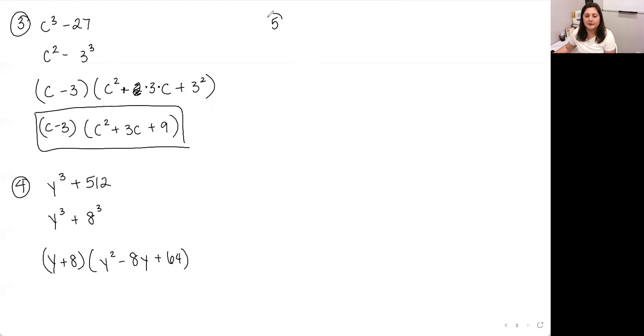All right, let's take a look at problem 5. 2k to the 3rd minus 20k squared. And I want to say that this is going to be factor by grouping. When you factor by grouping, you take the first 2 terms and factor out the greatest common factor from those 2, and then you take the last 2 terms and factor out the greatest common factor from there as well.